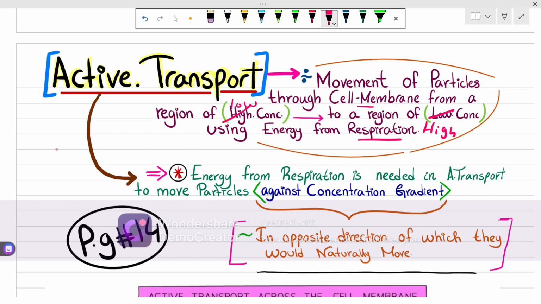There's no need for you to do additional work to fall down. But to go from the ground floor up to the rooftop of a building, you need energy to pull you up. So this is why active transport needs energy to make the particles move in the opposite direction they would naturally move.